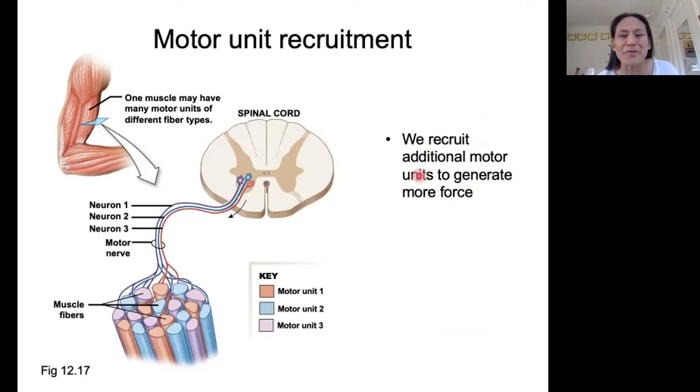We recruit additional motor units to generate more force. So we start small with a few motor units and add on and on to that to strengthen our muscle contraction.